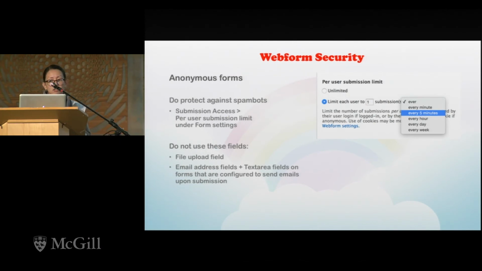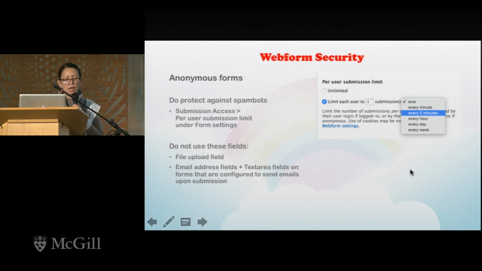Now, be aware that there's already a measure in place that protects all of your web forms by blocking repeat submissions, limiting them to one submission per IP address per every 6 seconds. But if that's not secure enough for you, you can increase that limit to the options that you see right here.